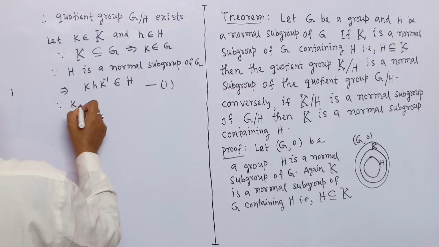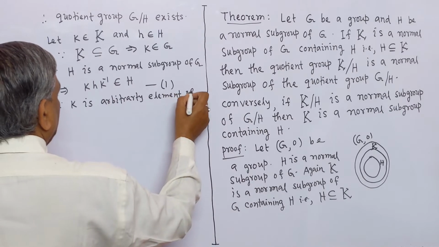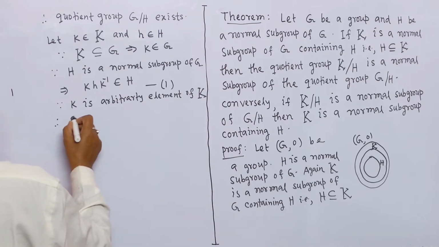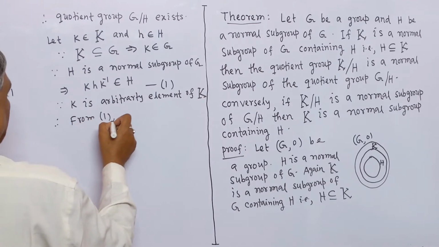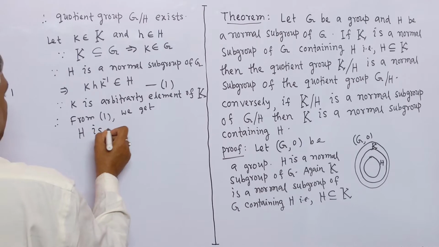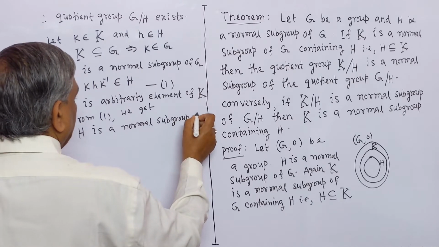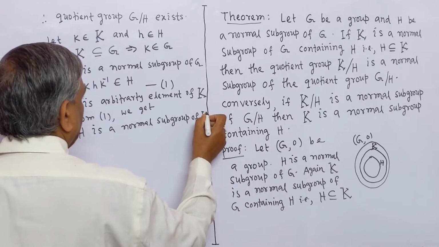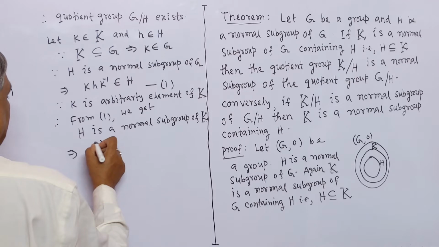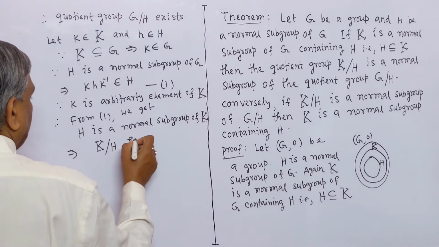Since small k is an arbitrary element of capital K, therefore from 1 we get capital H is a normal subgroup of capital K, implies that the quotient group K by H exists.